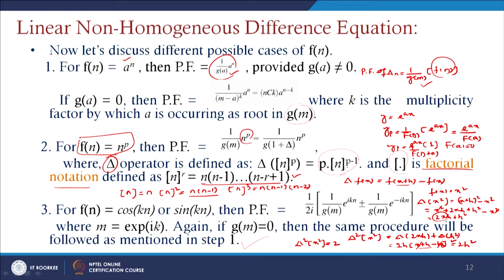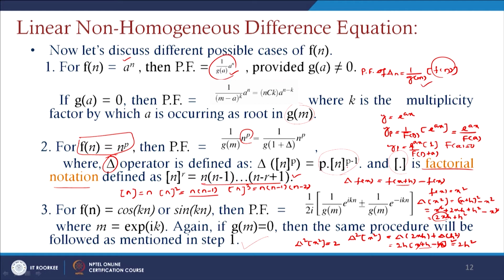And suppose this f of n is a trigonometric function. Trigonometric function means that if the roots are coming in imaginary form, then we can write the functions in the form of cos x plus i sin x. So this function can be written as cos x or sin x, that is in terms of n, cos of kn and sin of kn.